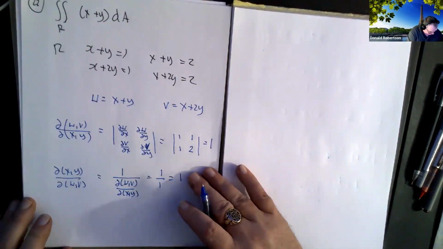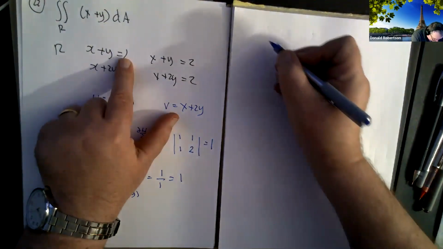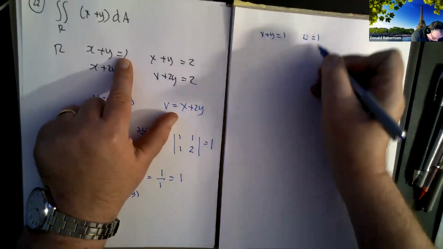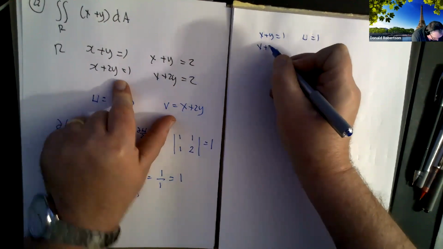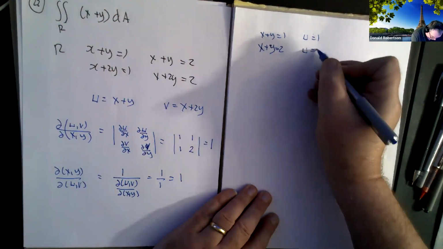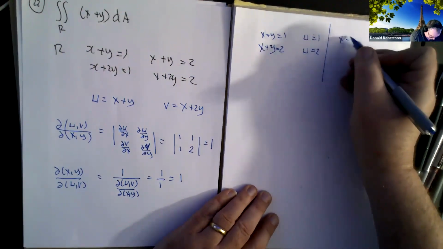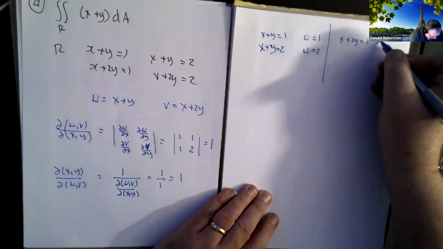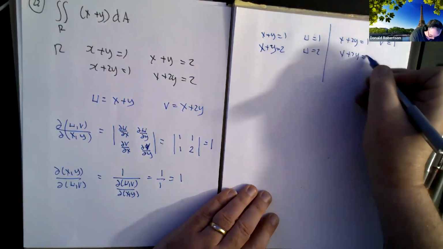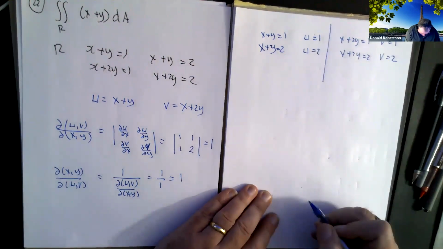Now, what are the limits of integration going to look like? Well, x plus y equals 1 transfers into u being 1, and x plus y equaling 2 tells me that u equals 2. And then x plus 2y equals 1 tells me that v is 1, and x plus 2y equals 2 tells me that v is 2.